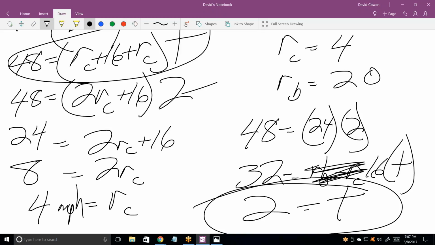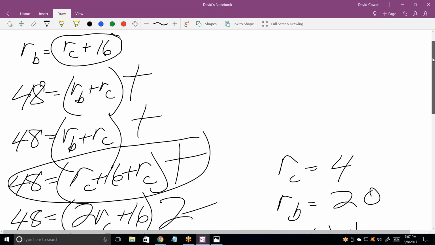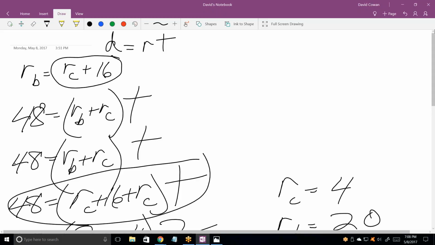In other words, last night when we did this, I came up with a rate of the current of 80 miles per hour, which made the rate of the boat 96 miles per hour. Nothing made sense. And like I said, this is a bit of an optical illusion problem.